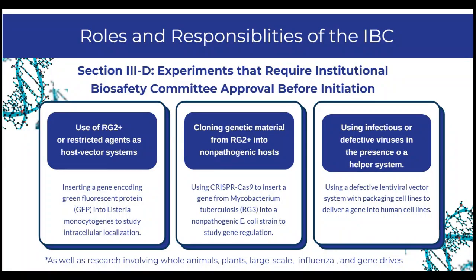This section also includes genetic modifications of whole animals or plants, and experiments using genetically modified agents in animals or plants, human influenza viruses, large-scale research, and gene drive experiments.